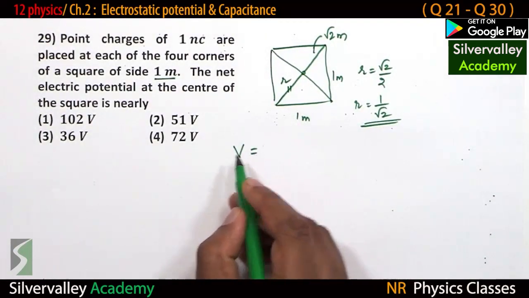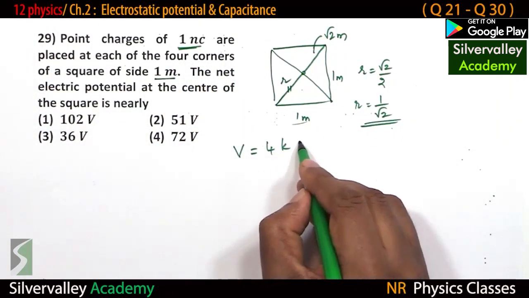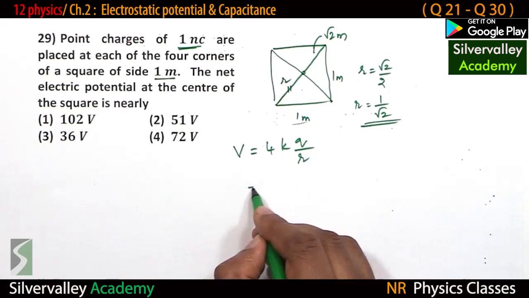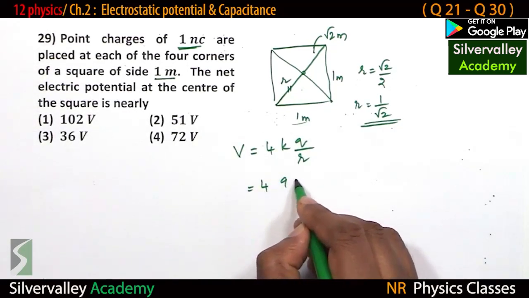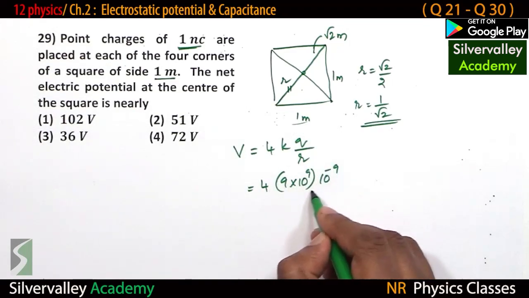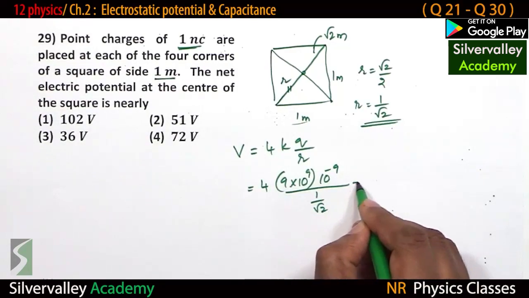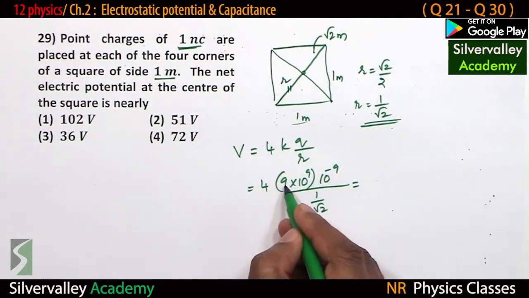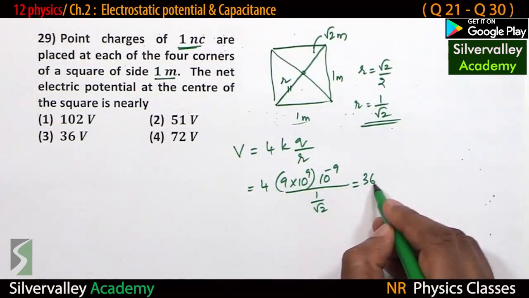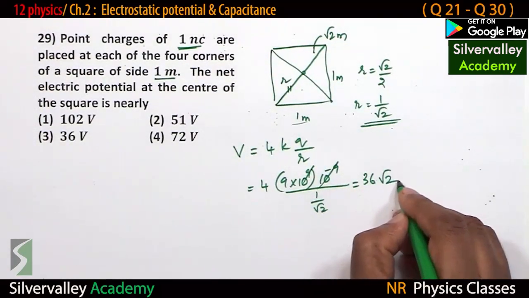Potential due to 4 charges is 4 times constant Q by R, 4 times 9 into 10 power 9, charge is nano, by distance 1 by root 2. 9 into 4 is 36, this root 2 goes to the numerator.